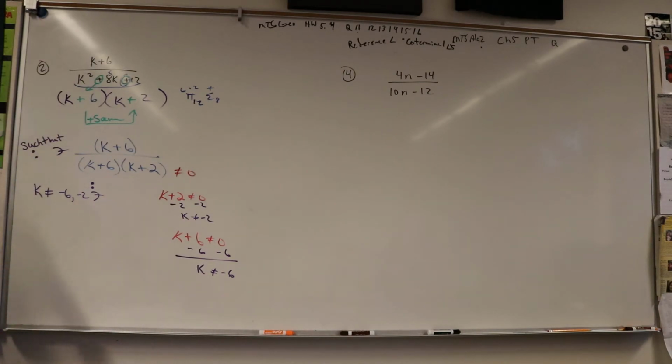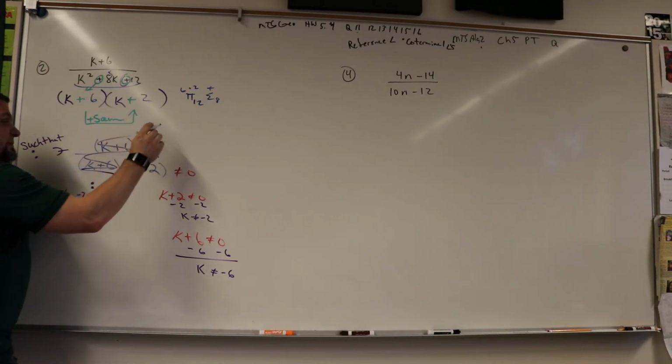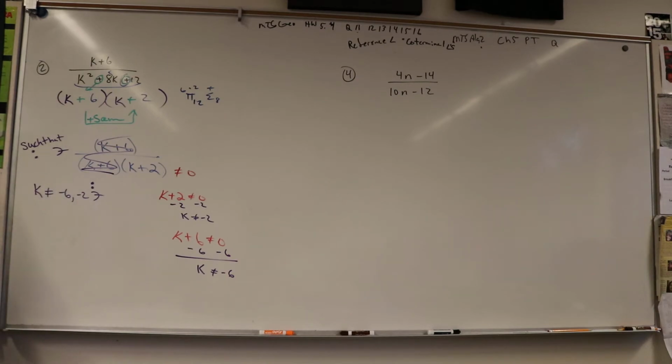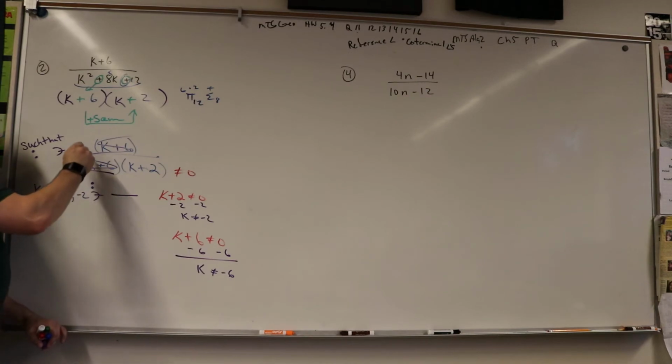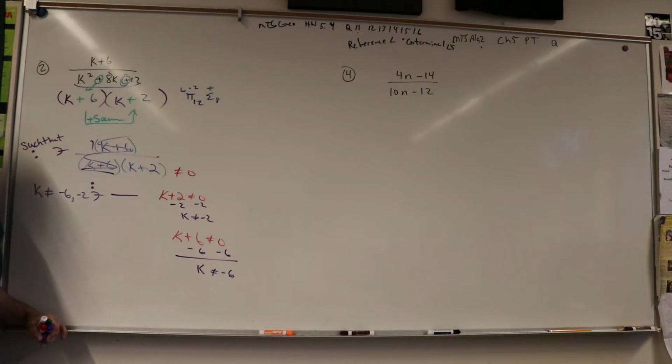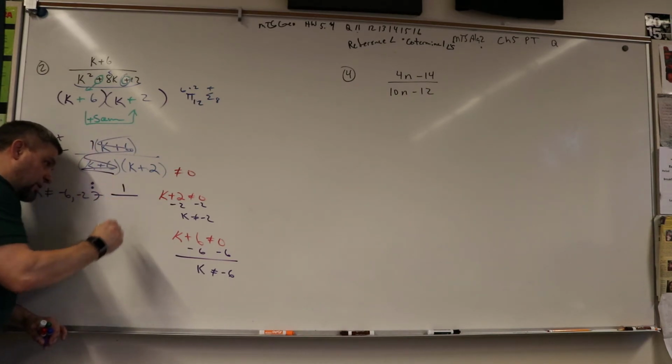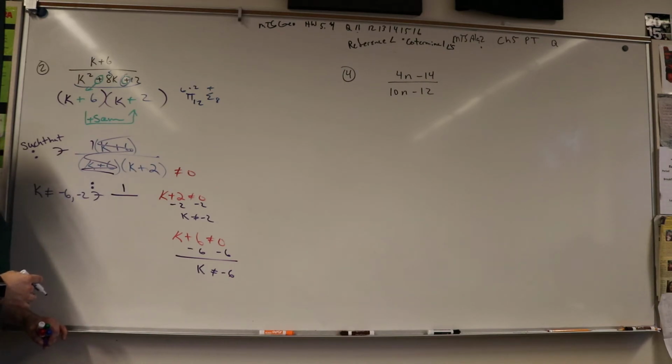Alright. And then we cancel some things out. So what's the same on the bottom and the top? K plus 6. So this cancels, and there's nothing on top, so there's a 1 left. What's left on the bottom?